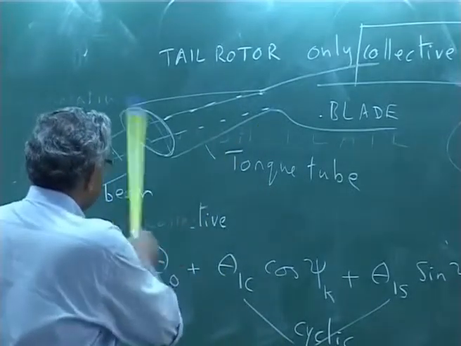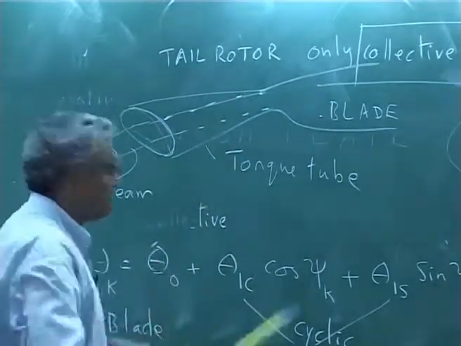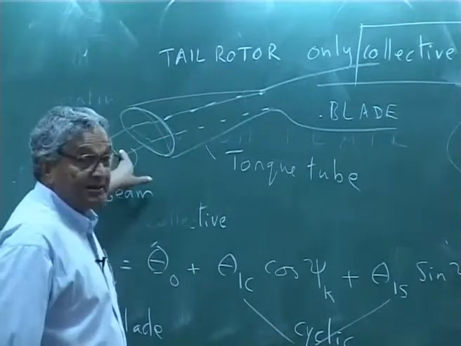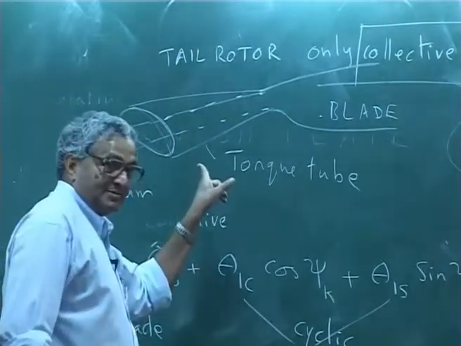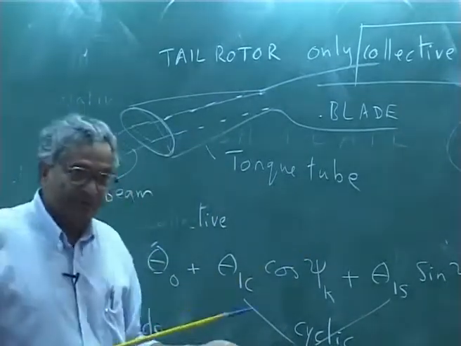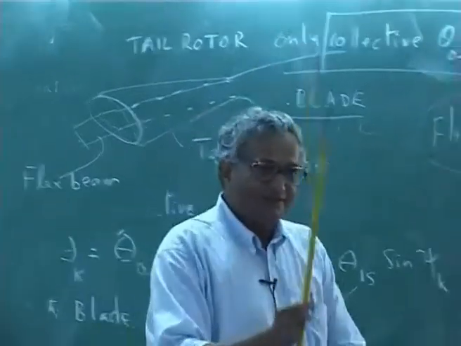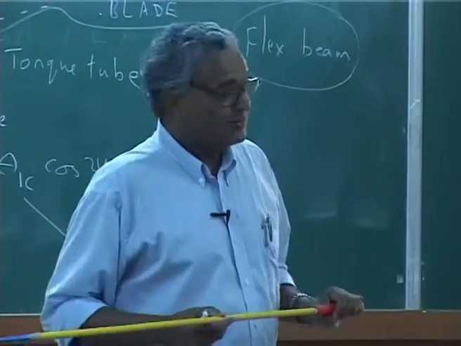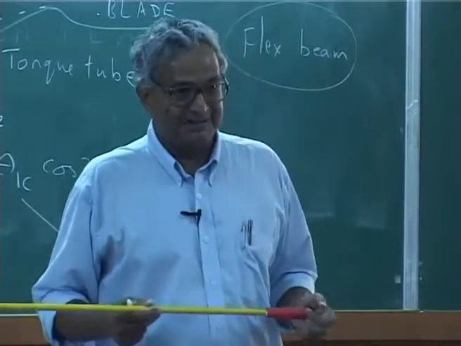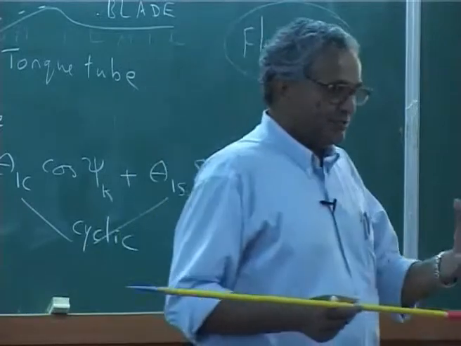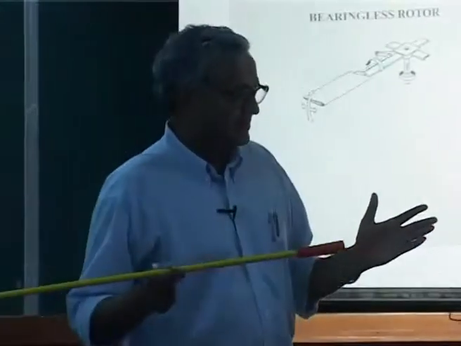The blade has one control rod, this is the path, that is what will always be there, and this is the flex beam. And it should take the centrifugal load, it is flexible enough to flap, lead lag and twist. So, manufacturing is much tougher, because you have to know the dynamics and then properly design the entire section.